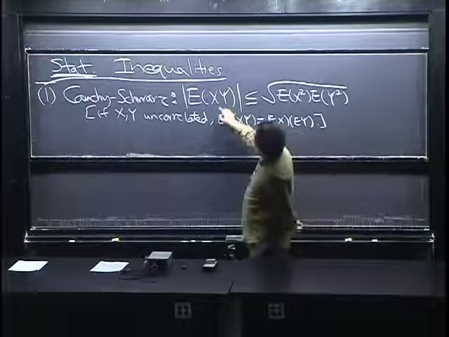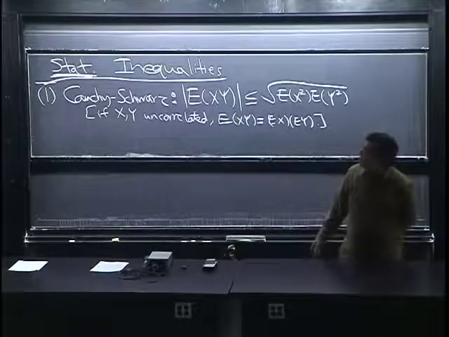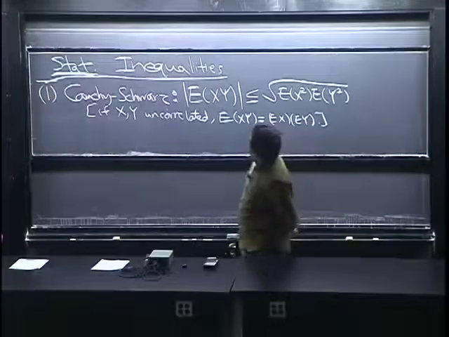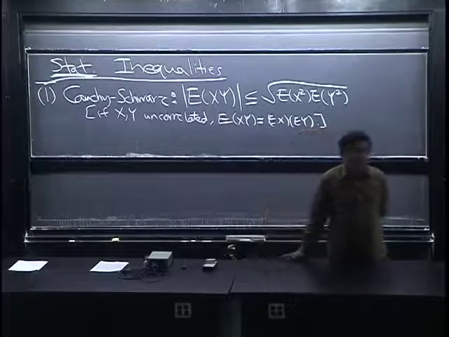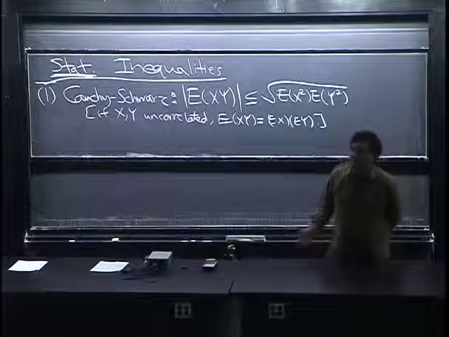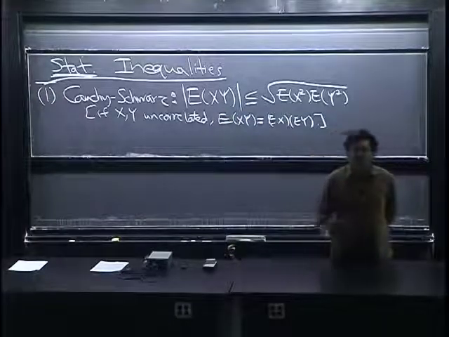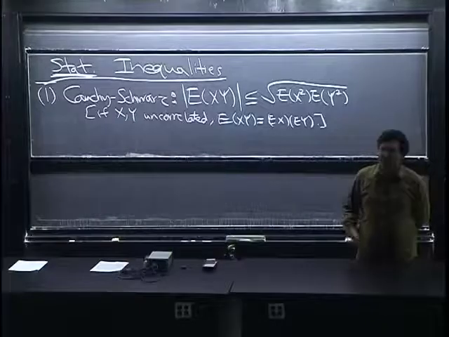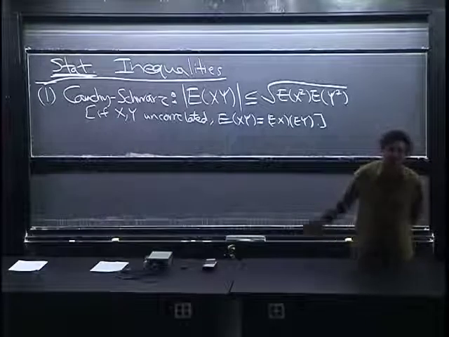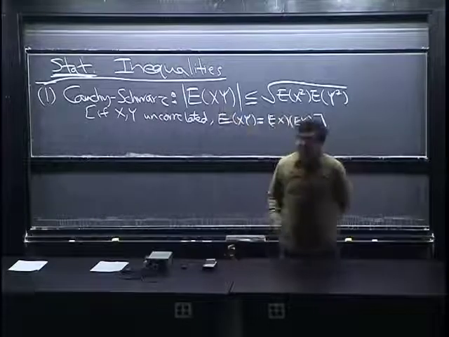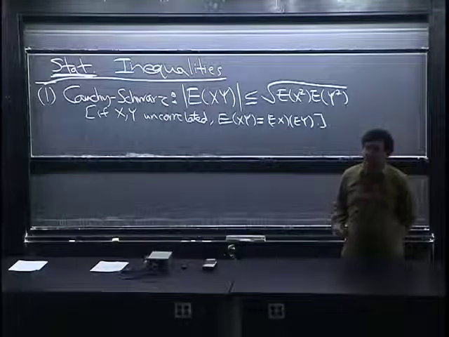But to see why this is telling us something interesting in the correlated case, the cool thing about this is if we wanted to compute E of xy, in general, we'd have to use the 2D LOTUS, right? That is, x and y have some joint distribution, and we would either have to do a Jacobian and find the distribution of x times y in the continuous case, and so find the PDF of this, or we could use a 2D LOTUS, and that could be very, very messy and difficult.